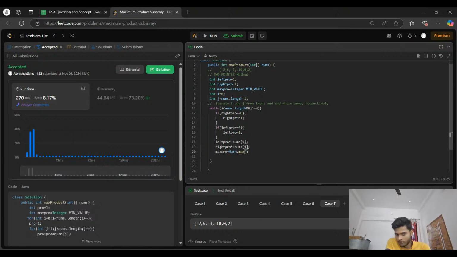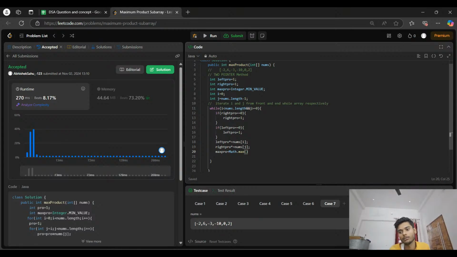Left row, right? Which is max row? From where are we taking the max pro to begin? What is the left pro, right pro? So from where do we consider the max pro? But what is the max pro?